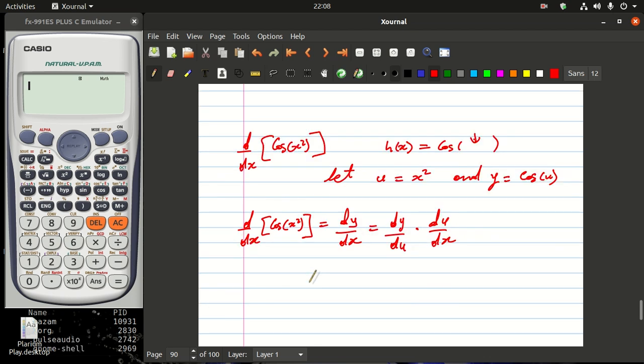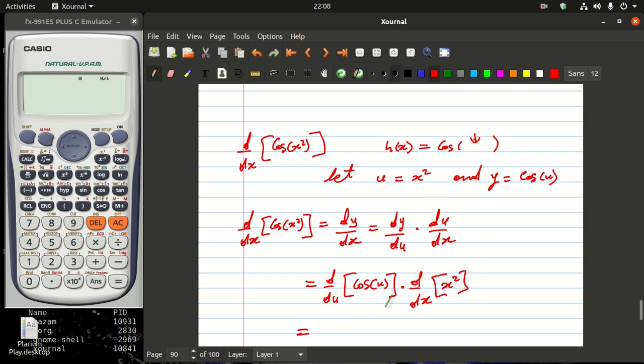And taking a look into this, my y here is that thing here. So I have cosine of u, and then dx, and then my u is just x squared.